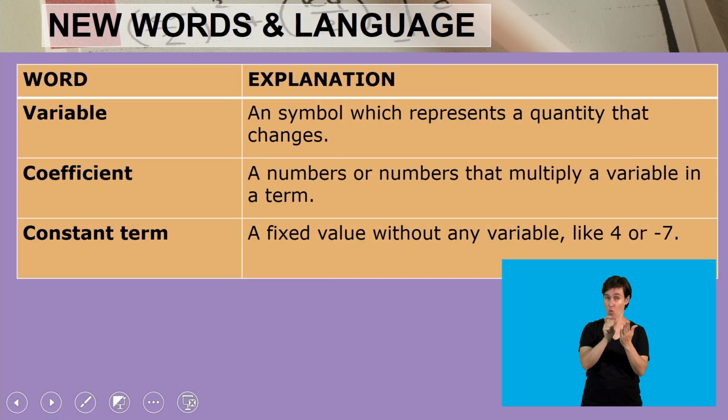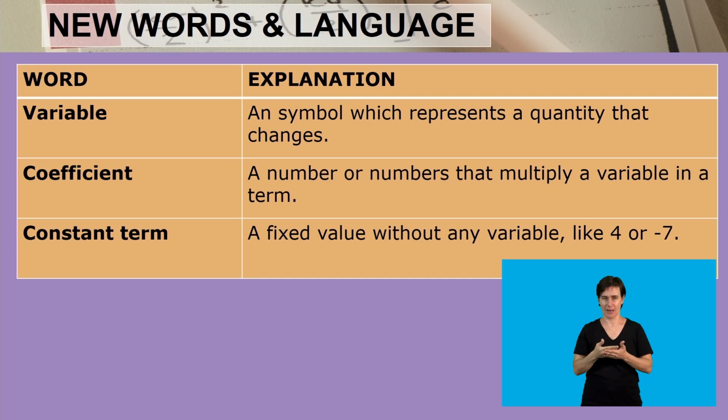New words that we're going to use today. The first one is variable, which means any symbol which represents a quantity that changes. The next word is coefficient, and it means a number or numbers that multiply a variable in a term.